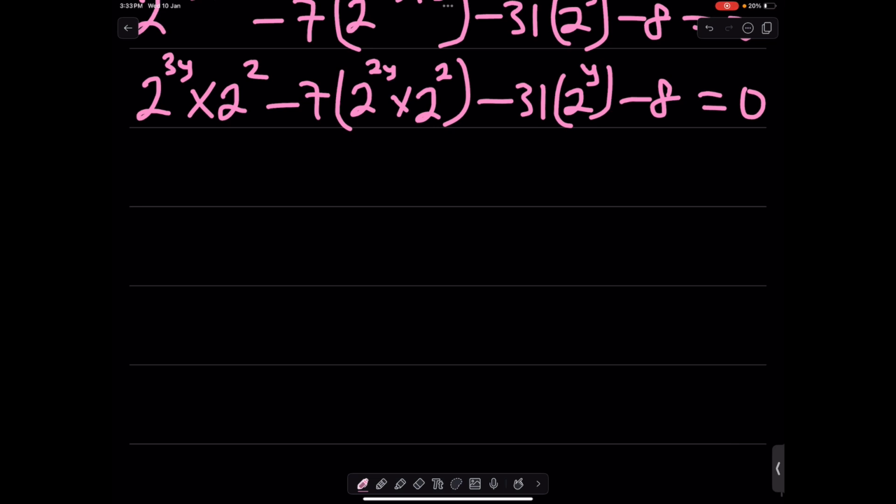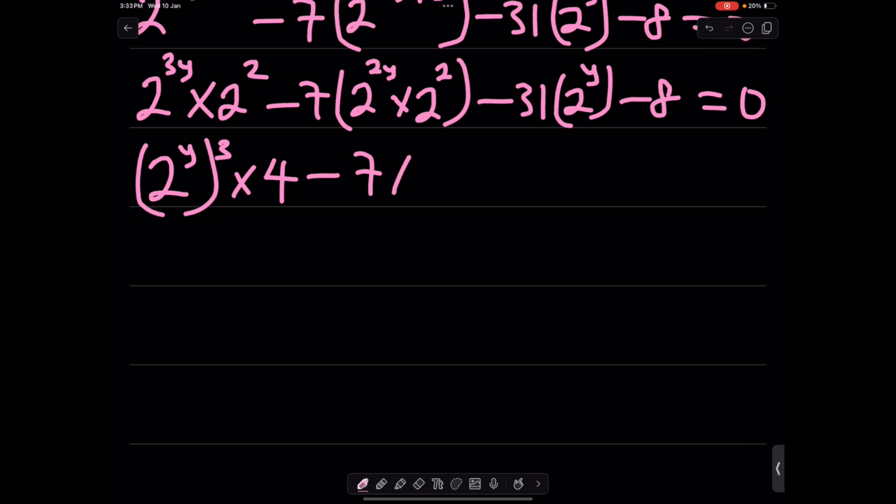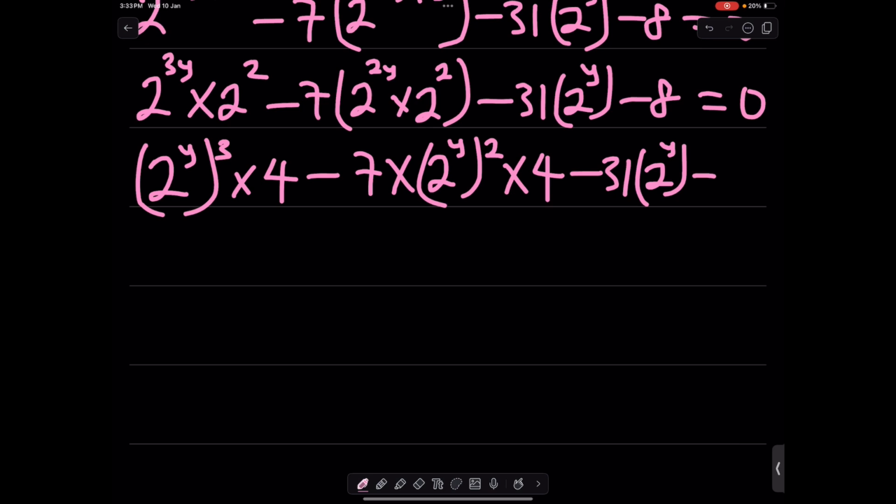And that's the same as 2 raised to power y, raised to power 3, times 2 squared which is 4, minus 7 times 2 raised to power y, raised to power 2, times 2 squared which is 4, minus 31 times 2 raised to power y, minus 8 equals 0.